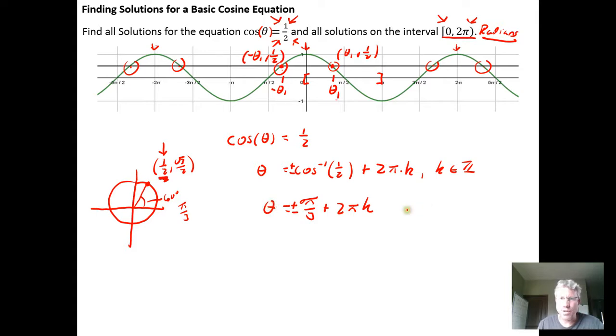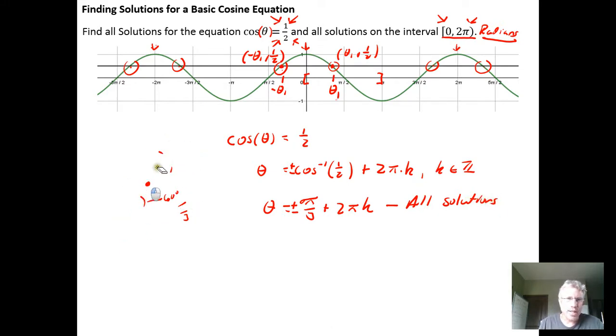So this is all solutions that exist, all solutions. So we did find all solutions, but they're also specifically asking for the solutions on the interval from 0 to 2 pi.